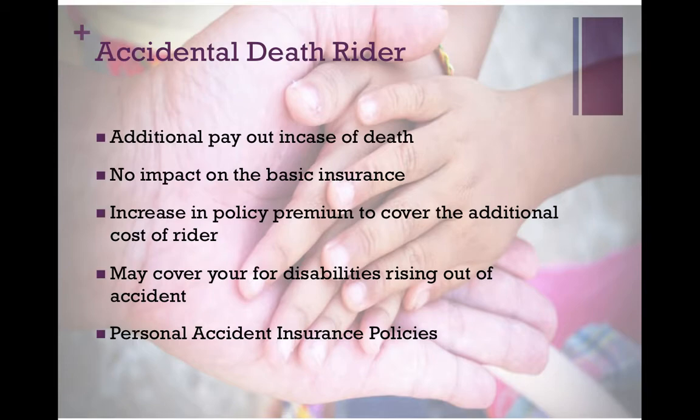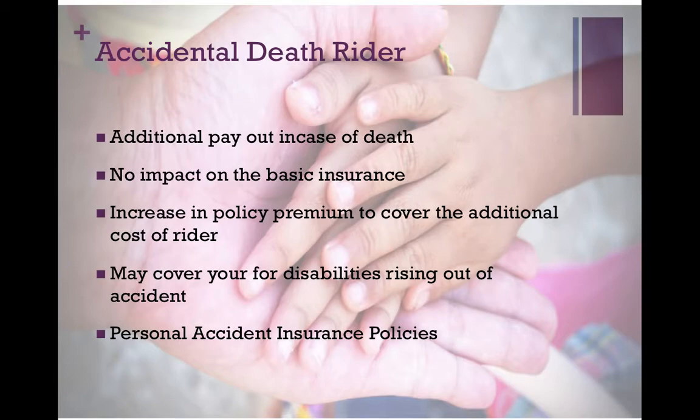Some accidental riders also cover possible disabilities that might arise out of the accident, but make sure that you read your options and conditions very carefully and correctly while selecting your rider in this case.